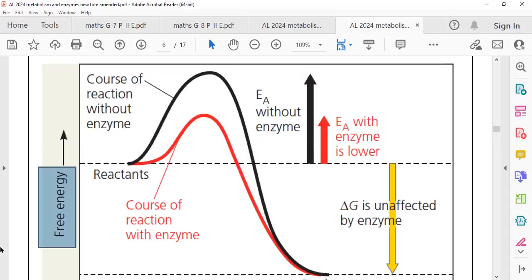Free energy. Free energy means G. So, this is the free energy of whom?